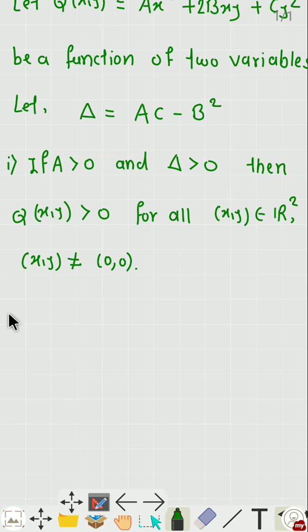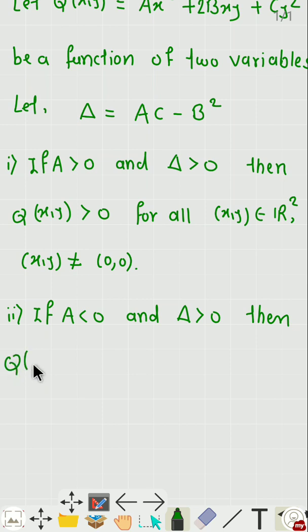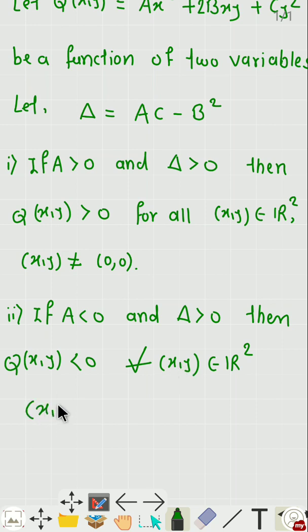Okay, now second is if a is less than 0 and delta is greater than 0, then value of this function q at x comma y is also less than 0 for all x comma y belongs to R2, and here x comma y is not equal to 0 0.